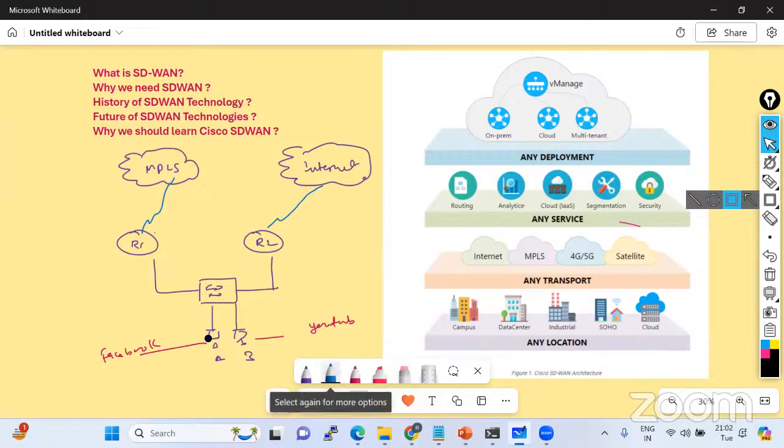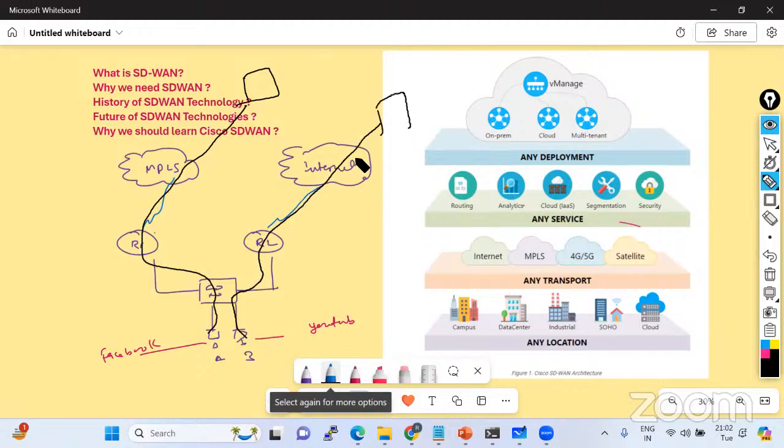And I want that when the Facebook traffic goes, it always goes via this circuit to the Facebook server, right? If my Instagram traffic goes, it goes via this one. Is it doable? We can do it to a certain point, but it's very complex and very challenging. We can do it, but it takes a lot of effort, and I can say it's almost not doable. We can make some arrangement, but it's not a scalable solution.